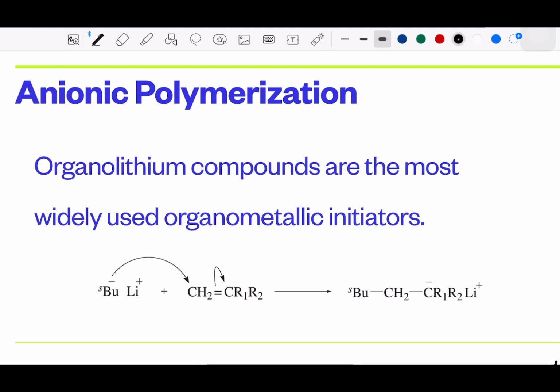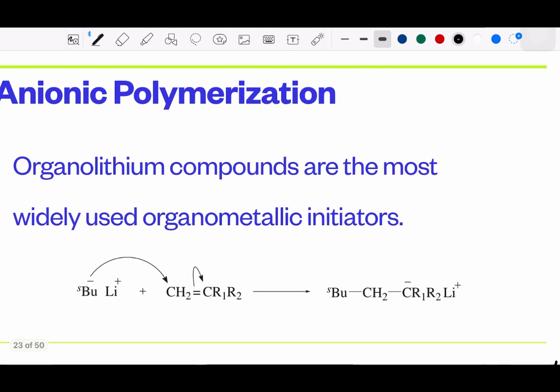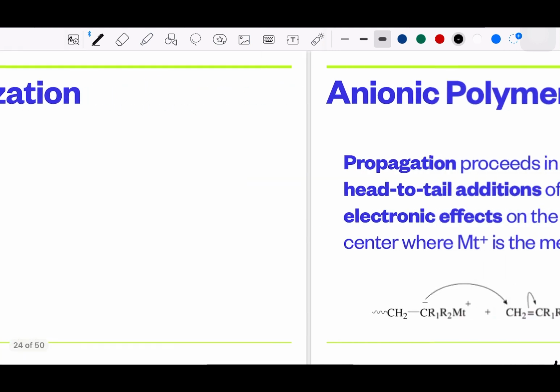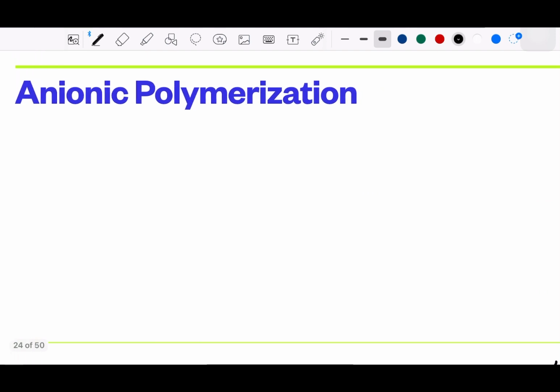The organolithium, butyl lithium for example, is the most widely used organometallic initiator for this anionic polymerization. So let me write again: no recombination, no H minus, and no inherent termination.